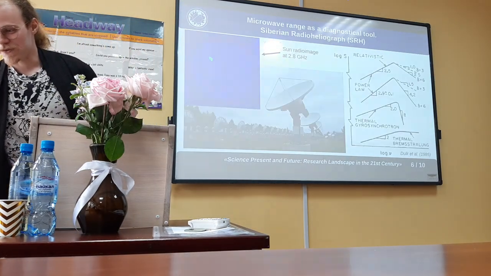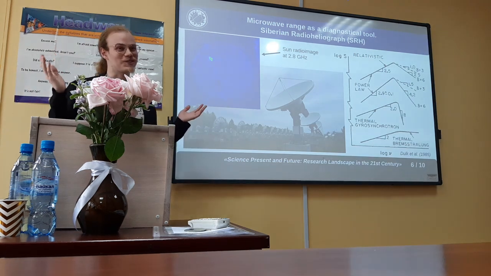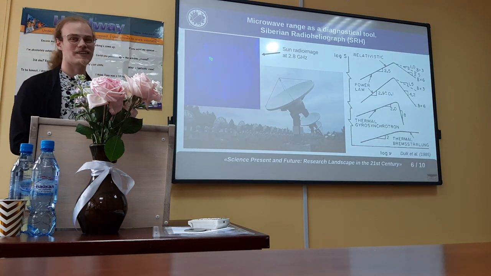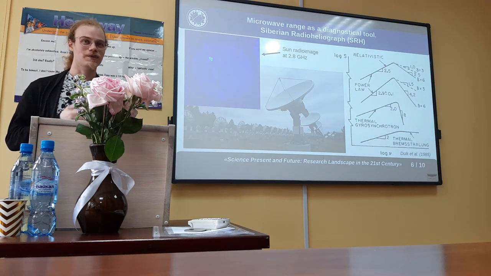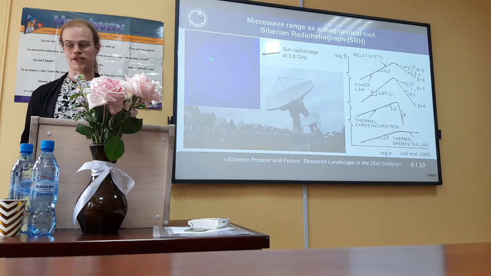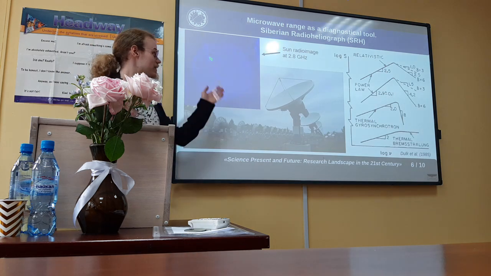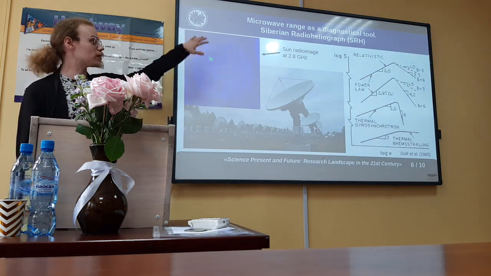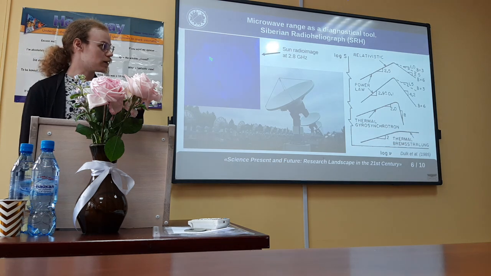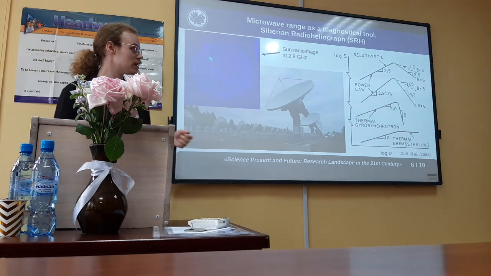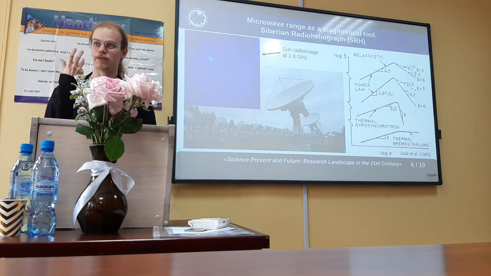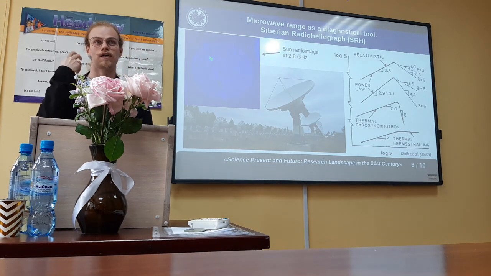To answer both of these questions, in our Institute of Solar Terrestrial Physics, we have this nice Siberian radioheliograph, a telescope in microwave range that can answer both of these questions. First, we see the location of the source on the sun's surface, and also we can obtain the information about not only when it happened, but the generation mechanism of this event.